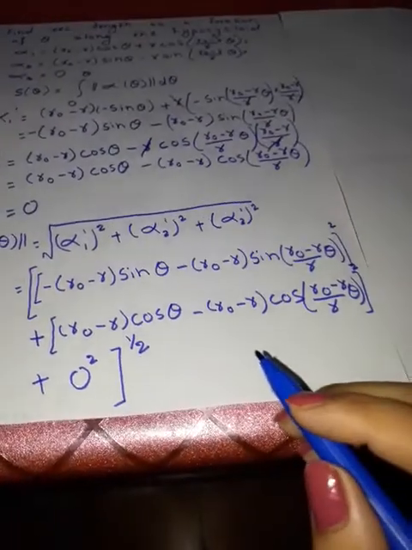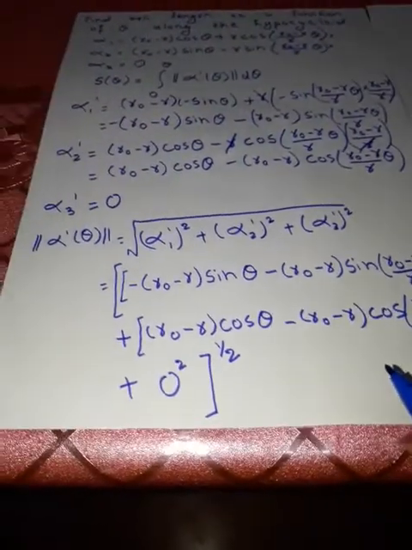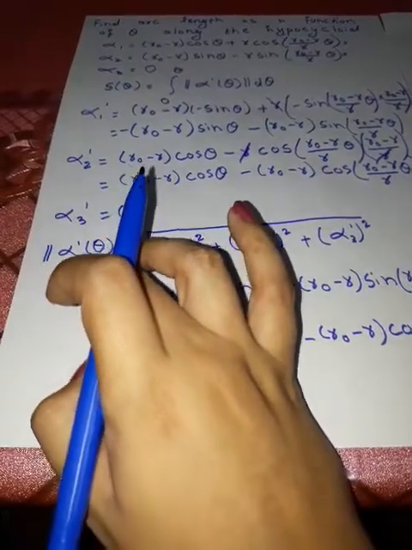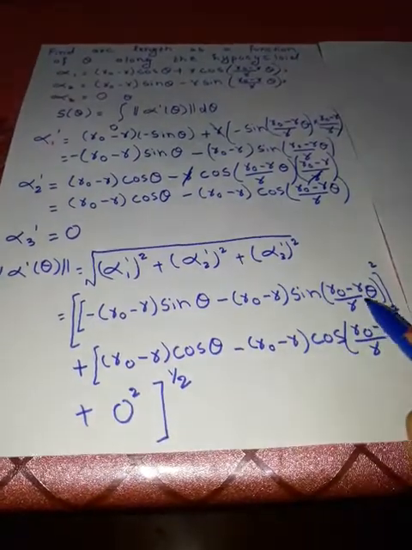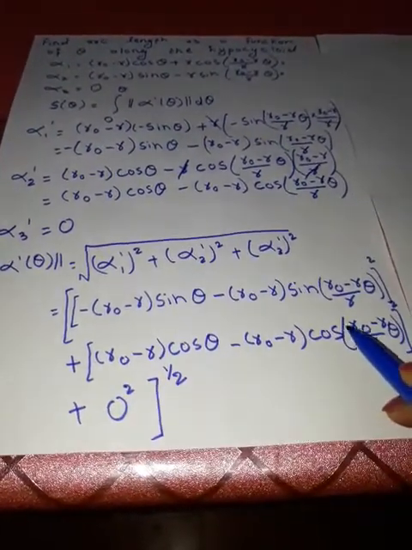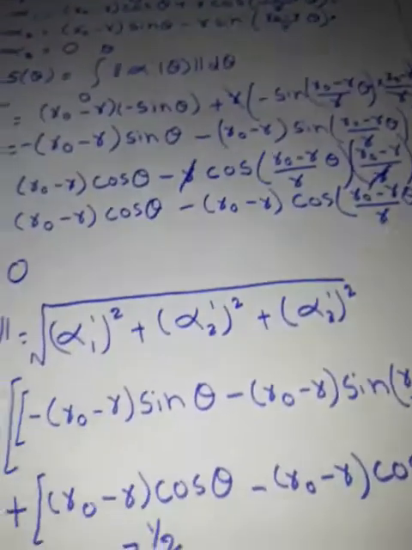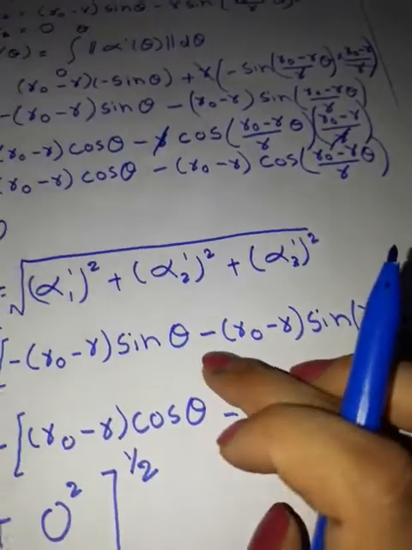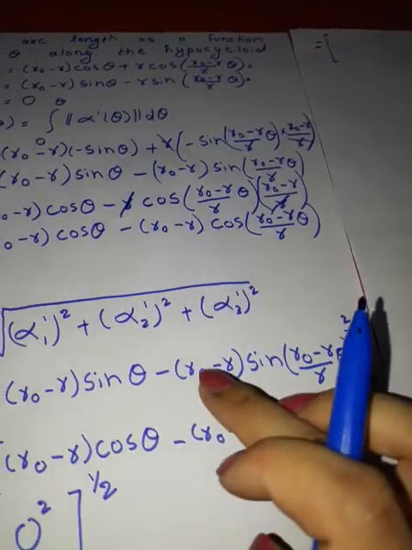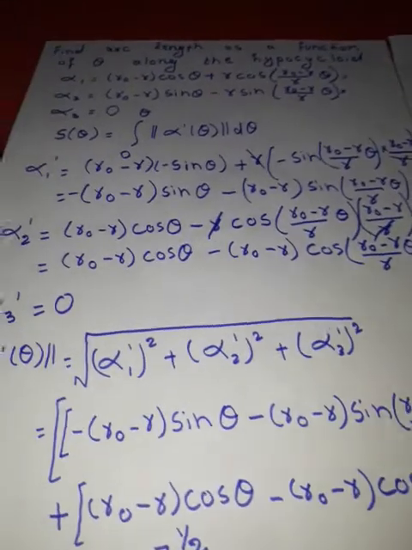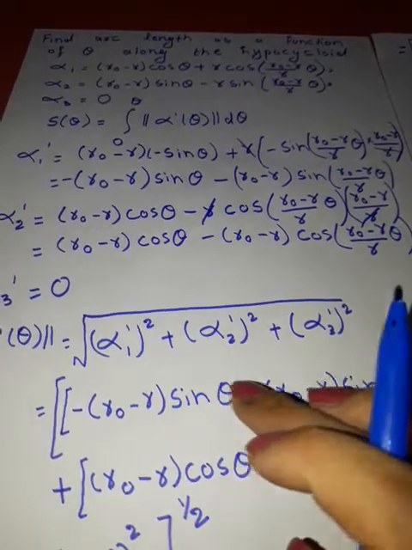So I have the magnitude of alpha prime of theta equal to this. Now I can take the square of each term. Here is minus, here is also minus. If I take minus 1 common, then minus 1 whole square is 1. Right, so now I can easily apply the formula of a plus b whole square.